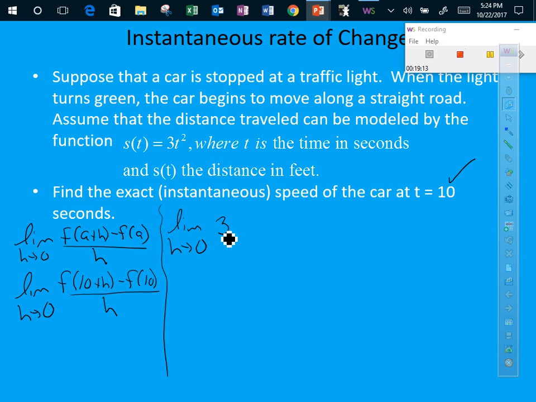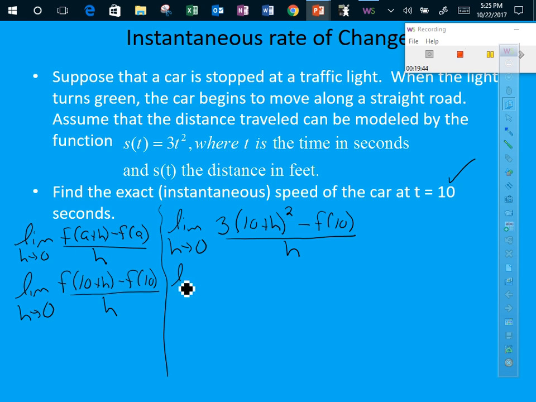I've got 3 times 10 plus h quantity squared minus f of 10, the value I get when I plug in 10 into the original function, all over h. Okay. And of course, if you would plug in 0 right now, you're going to get 300 minus 300. You're going to get 0 over 0, which means there's a limit. We just got to go get it.